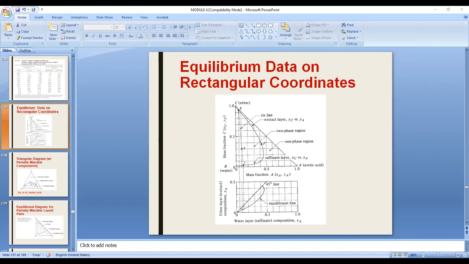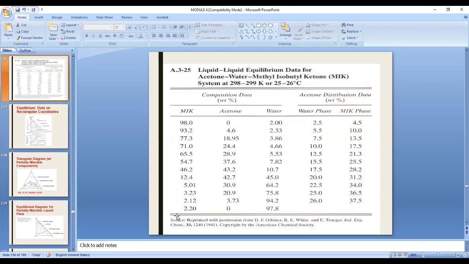This curve is as it is because you have plotted mass fraction of A against mass fraction of C, and here, A and C. So you get it from these two columns here. Water you don't consider anymore. We're not interested in water. We're just interested in these two.